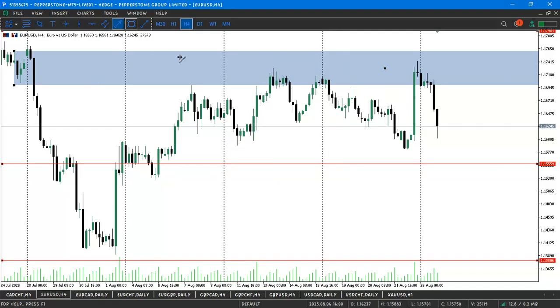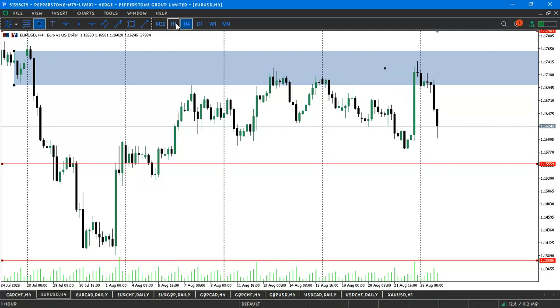After taking out all this liquidity through this upward move that came on Friday after the fundamentals, we are still headed downwards. I expect the currency to move more downwards.